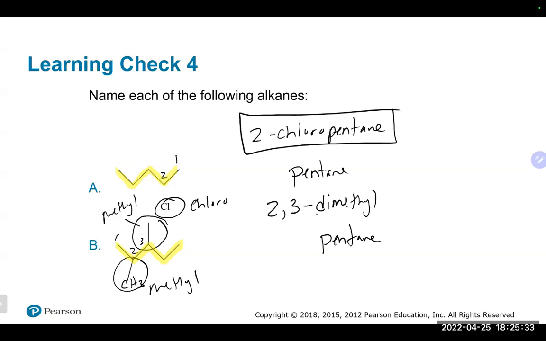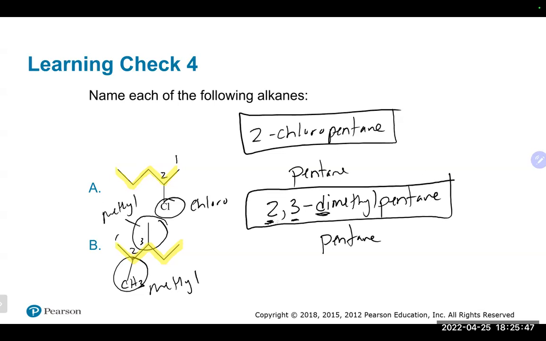Remember, they don't have to be on the same carbon, but there's two of them in the whole entire compound. That is, again, why we need to give the number of both of their locations. And this would then be pentane. Again, the numbers are separated by a comma, and then obviously our dash between our number and our letter. Any questions on that there, our naming or drawing?